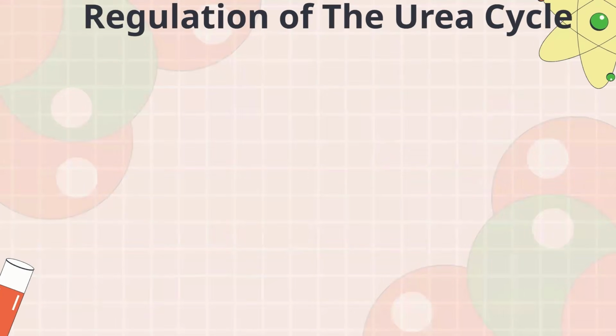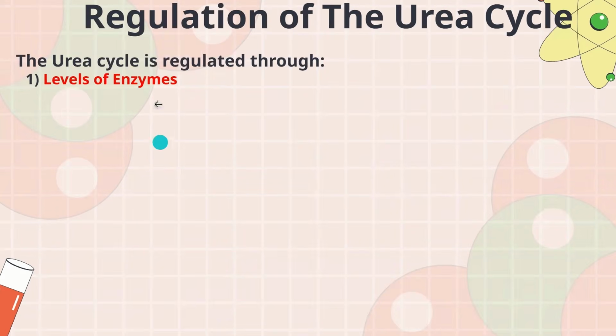Now, regulation of the urea cycle. Let's talk about how the urea cycle is regulated. So, when we have a high protein meal, our N-acetylglutamate is at high levels, right? So here, the urea cycle is also elevated or regulated. For starters, it's regulated by the levels of enzymes. It's also regulated by diet and food intake.